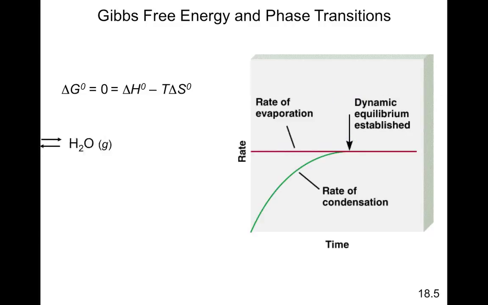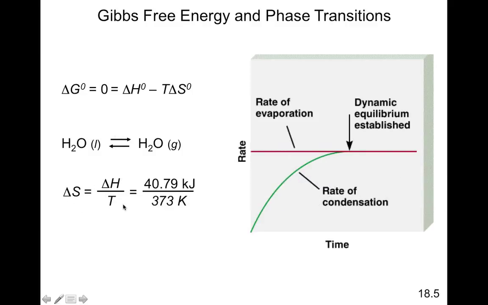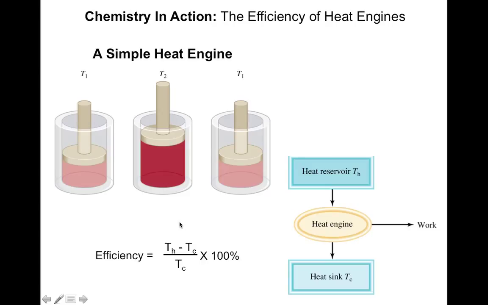And so we can say that that's equal to delta H minus T delta S. So liquid water going to gaseous water, we can rearrange this. If delta G is 0, we can rearrange just this portion set equal to 0 and find that delta S is equal to enthalpy divided by temperature. And then we can take our enthalpy from the book and our temperature the reaction occurs at, and we can find a delta S of our reaction. So that's kind of a cool trick.